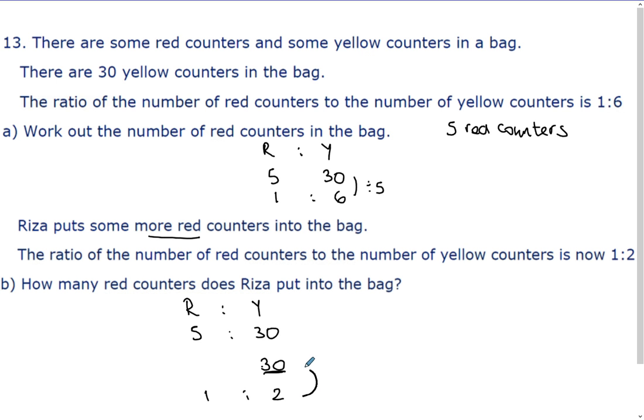So you can see that's 15 times as much. So 1 times 15 is 15. So they were 5, and now they're 15. So how many does she put into the bag? She's put 15 minus 5, so she's put 10 red counters.